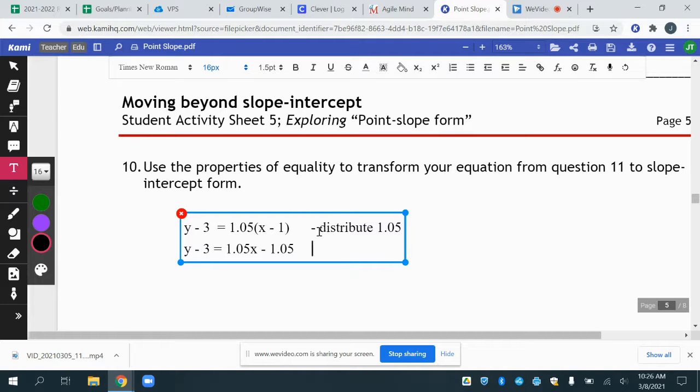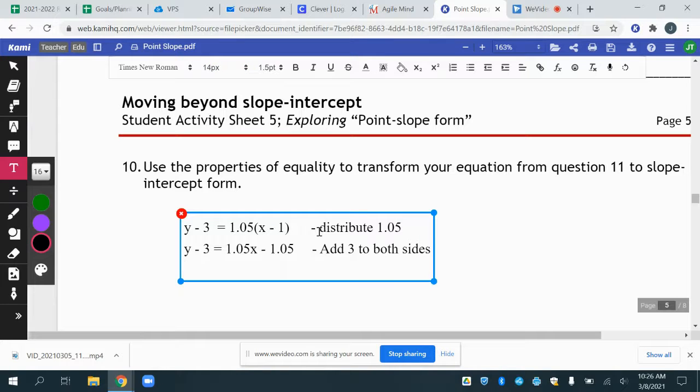Next thing we'll do is add 3 to both sides. We end up with, well, y minus 3 plus 3 is just y. If you subtract 3 and then you add 3, it's just its original thing. y equals 1.05x.